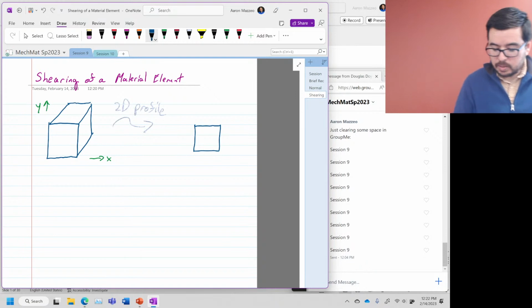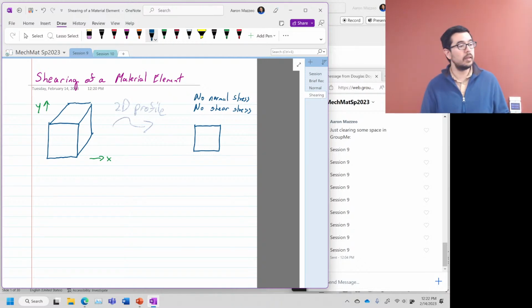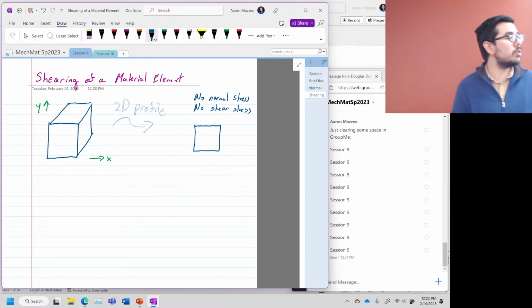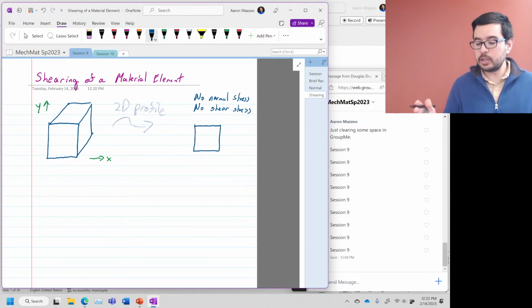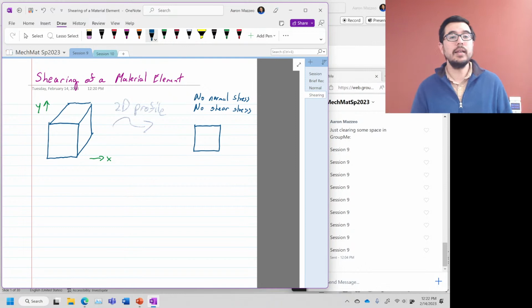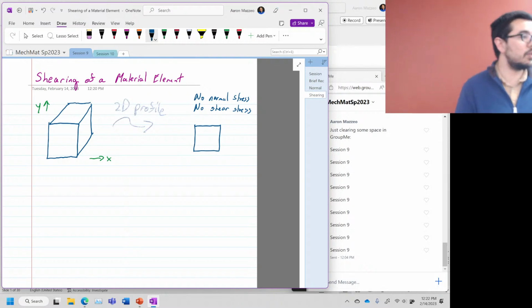Right now, this has no stresses, no shear stress, right? No shear stress. No normal stress. And if we want to apply a shear stress to this, there's going to be some strain. Or if we have a shear strain, there's going to be some associated shear stress.